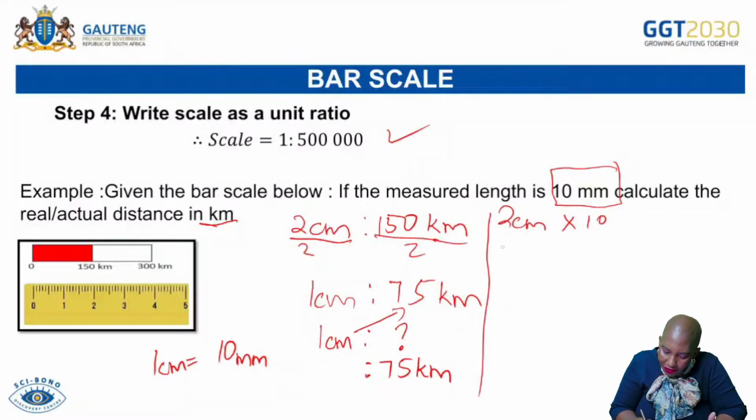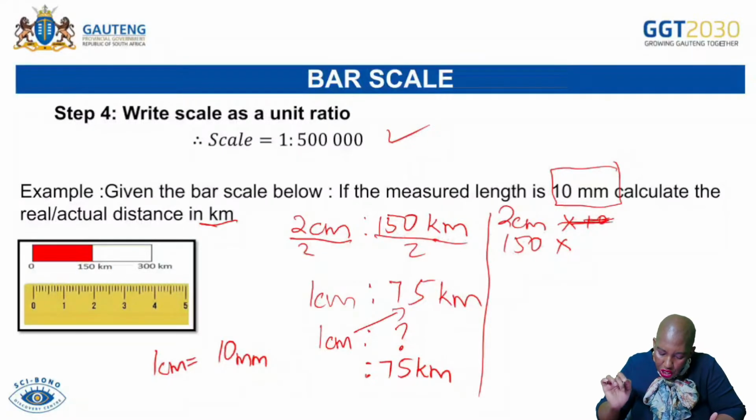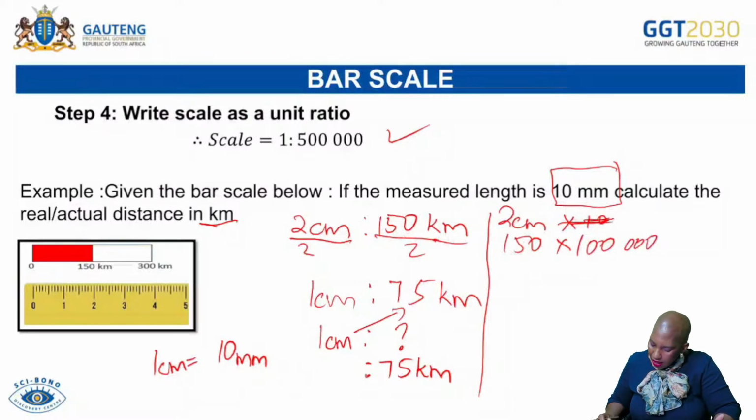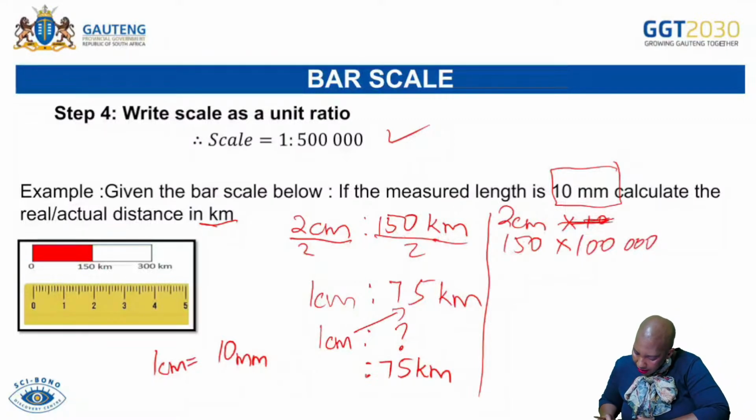And then the 150 kilometers we have to convert. We don't do anything here. We first have to start by converting the kilometers to centimeters, and here we multiply by 100,000. And then 150 we multiply by 100,000.